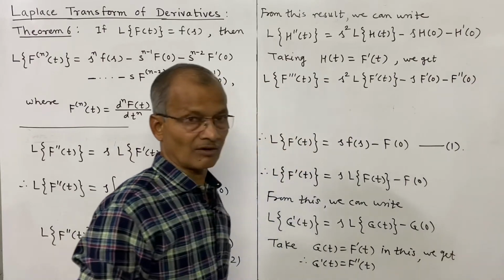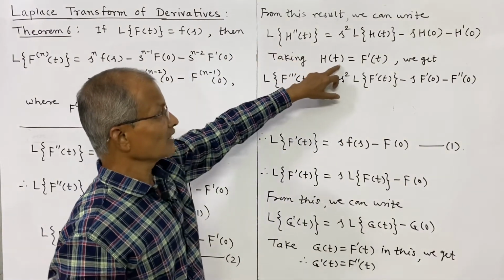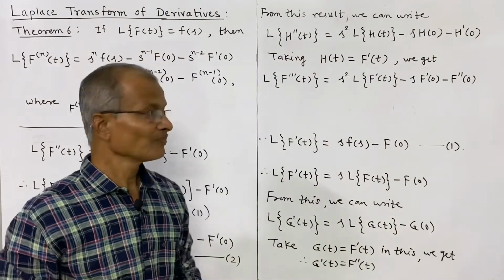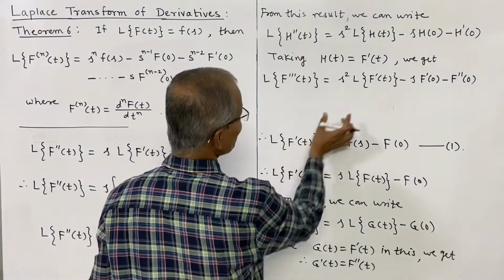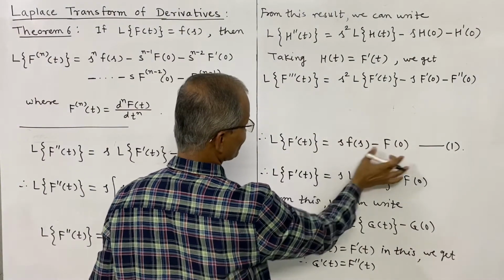See, this we shall obtain. You see the steps here. h of t is taken as f dash of t and accordingly we have changed the terms. Now again we use this value from 1, L of f dash of t, and write this expression here.